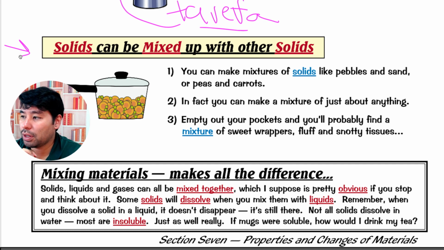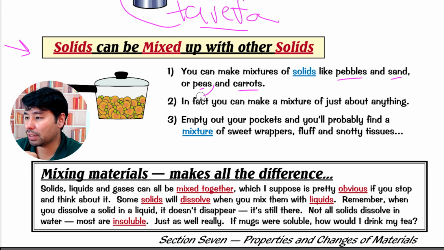Number one, you can make mixtures of solids like pebbles and sand, or peas and carrots. Again, we have here two examples: pebbles and sand, peas and carrots.